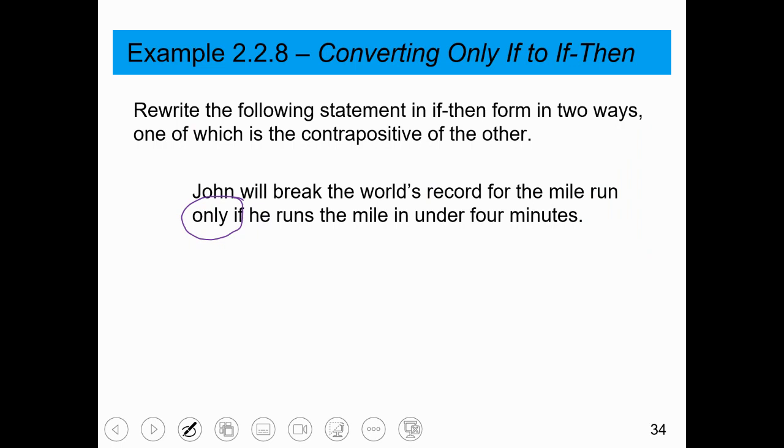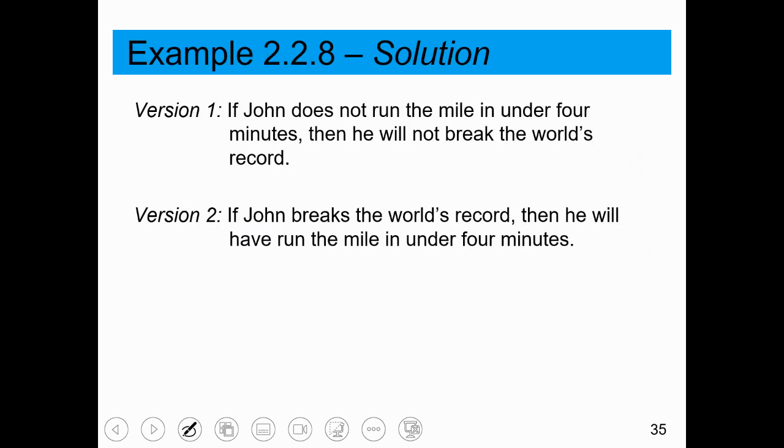Only if, no other way. Okay? So how can we say that? If John does not run the mile in under 4 minutes, then he will not break the world's record. Or if John breaks the world's record, then he will have run the mile in under 4 minutes.